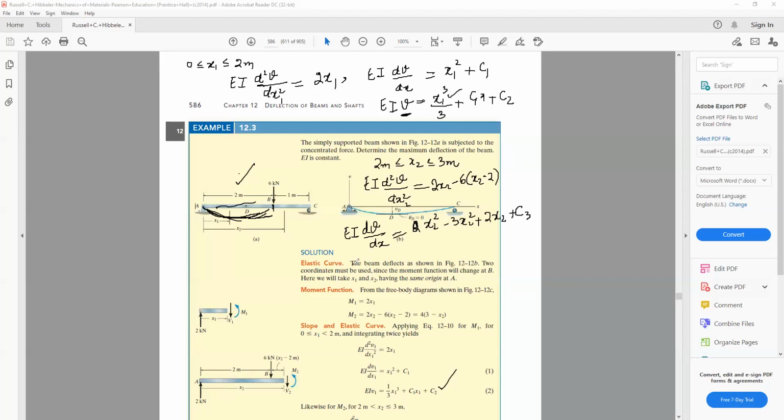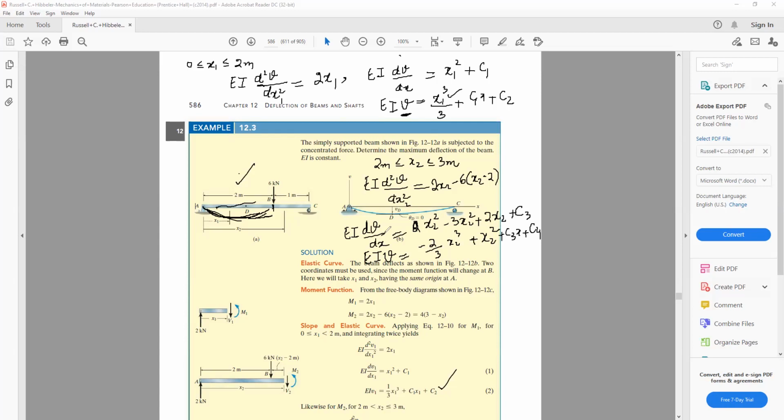Perform one more integration, we'll get EI nu equal to x2 cube by 3, minus 2 by 3 x2 cube plus x2 square plus c3 x plus one more constant of integration, that is c4.